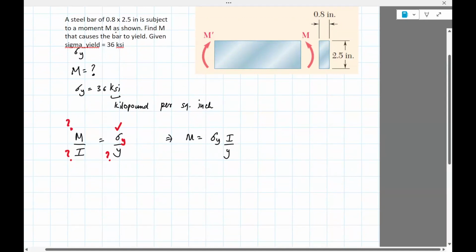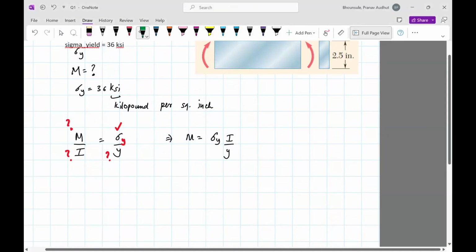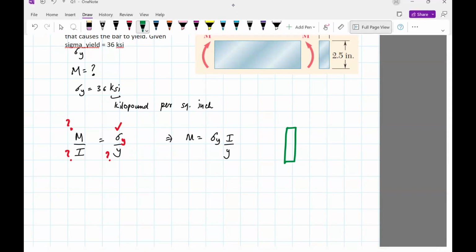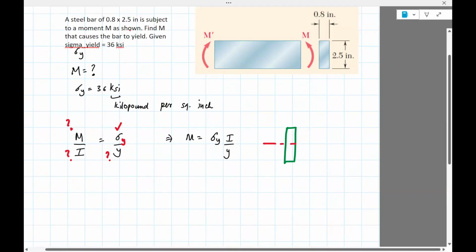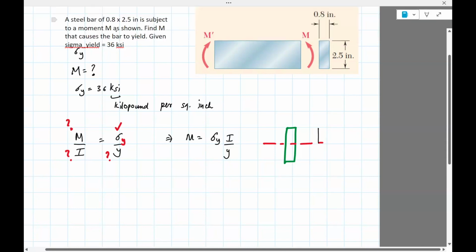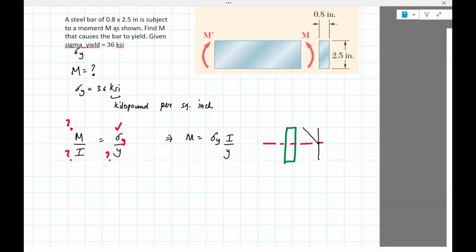Okay, now something to note is when you have this cross section, and clearly the neutral axis is right in the middle, we know that the way the stress would vary is the stress is 0 here. It's going to be compressive on top, right? Because look how M is. It's going to sag or be convex or make a shape like this. So on the top, it's going to be compressive.